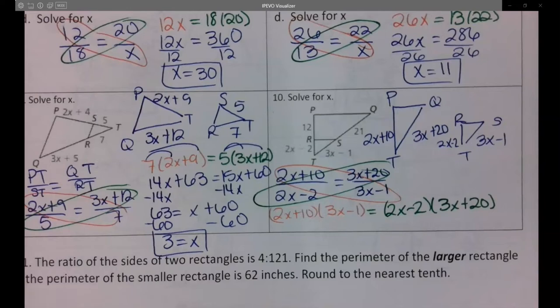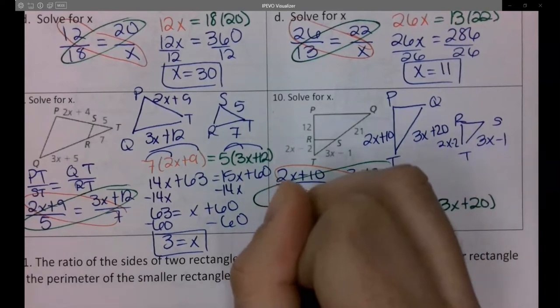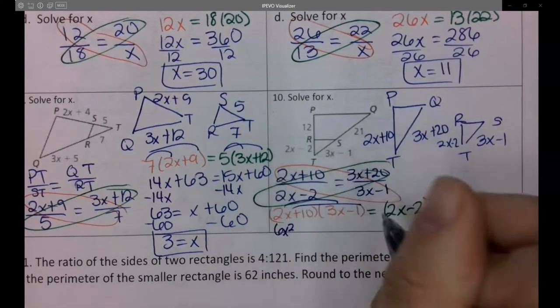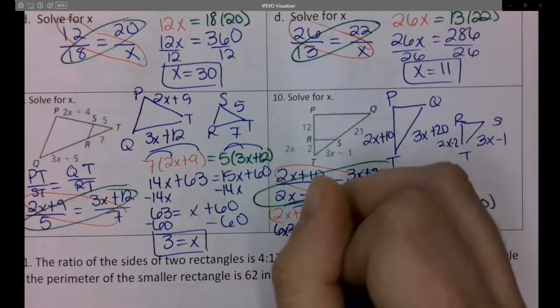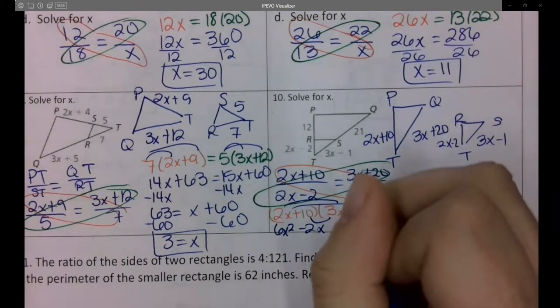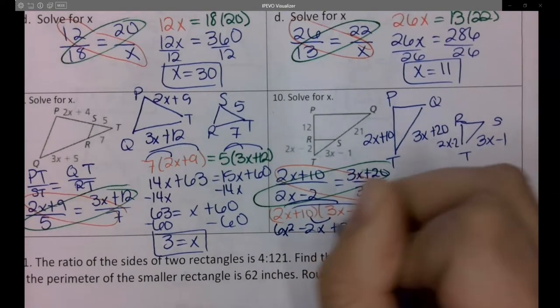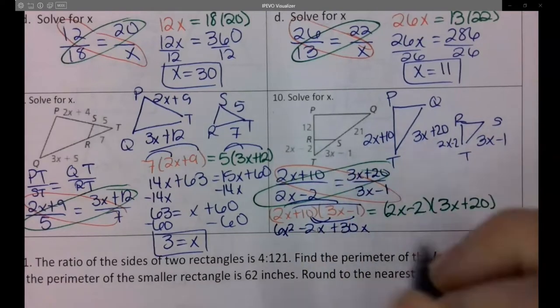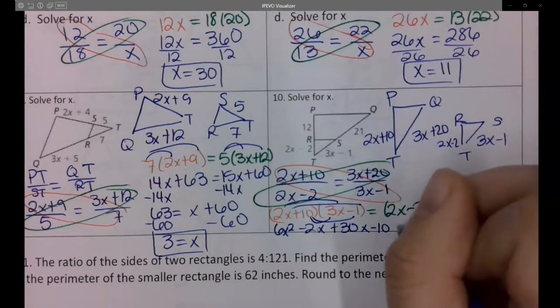Then I want to go ahead and FOIL on each side. 2x times 3x is going to give me 6x squared. 2x times negative 1 gives me negative 2x. 10 times 3x gives me 30x. 10 times negative 1 gives me negative 10.